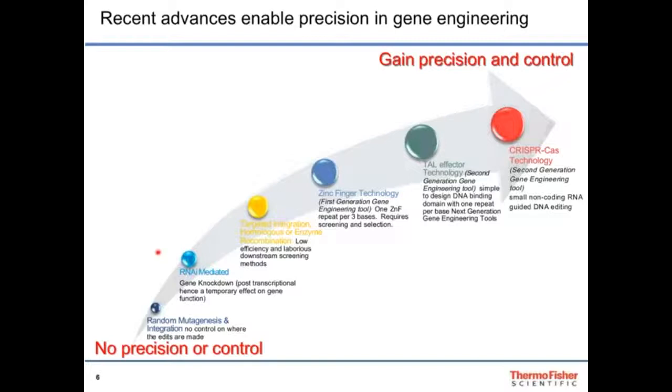Meanwhile, there were groups working mostly in mouse cells at the time to do targeted integration of genetic elements via homologous recombination. This was a large step forward in the field.